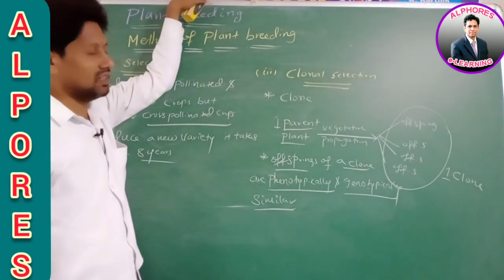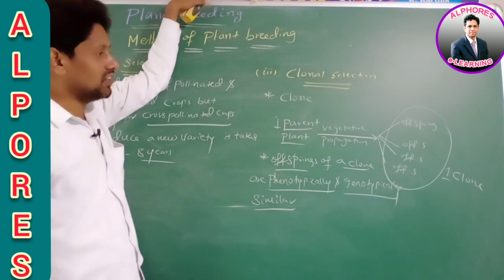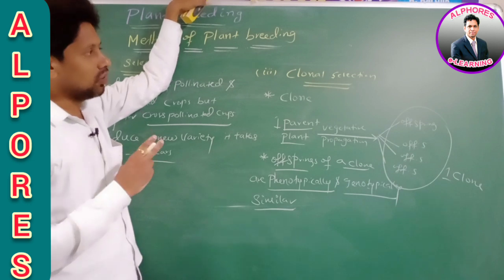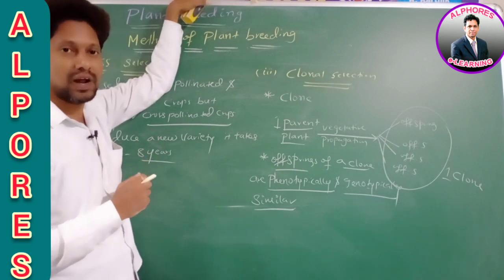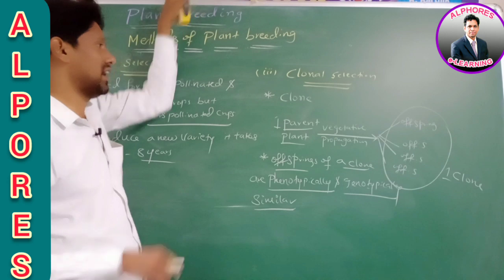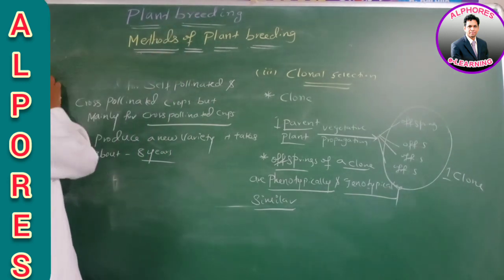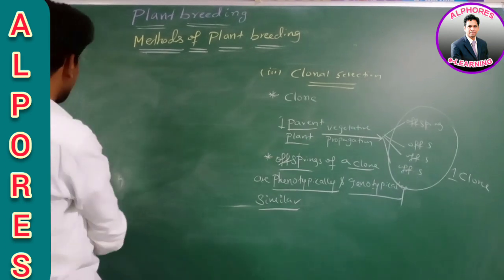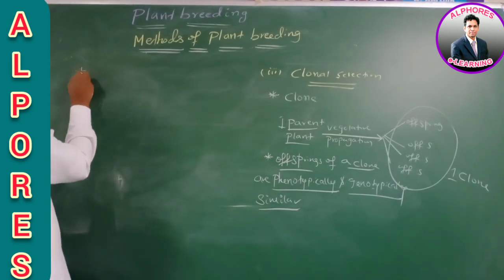Clonal selection is used for which plants? Vegetatively propagated plants.